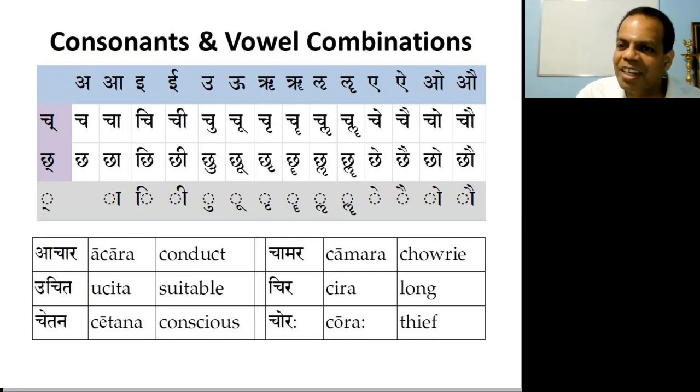Chira also can mean delay, but I've used the word short here. Chira Kalam and so on. Depending on the context, the meaning changes. But for the time being, you just focus on the letter and how we read it. Chira.